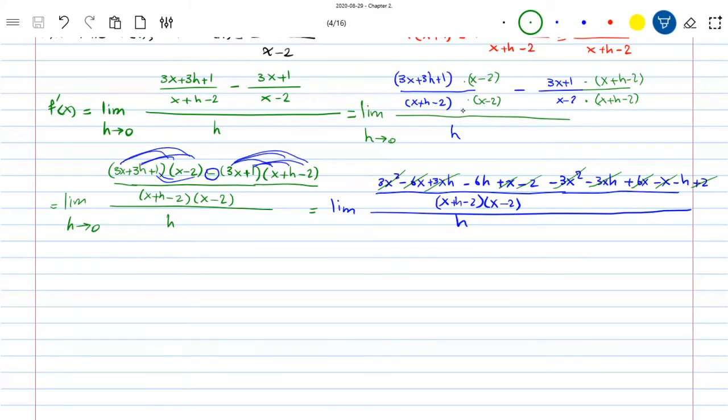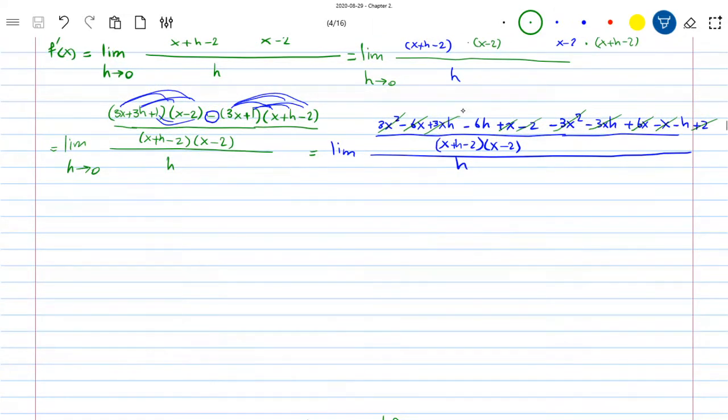So here in the numerator you have negative 6h and negative h, so minus 7h. Okay, so what we have, writing this in the next line: limit, the numerator becomes negative 6h and negative h left, so minus 7h, divided by x plus h minus 2 and x minus 2.